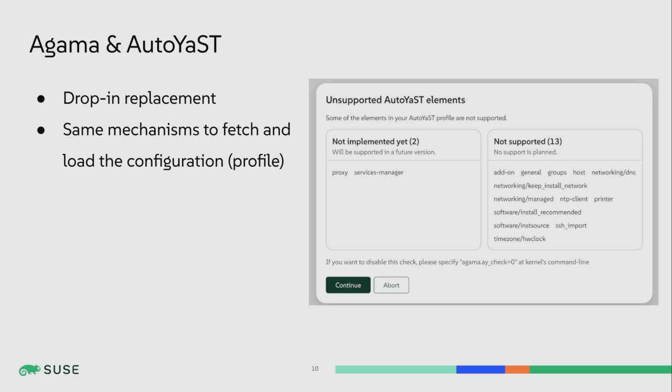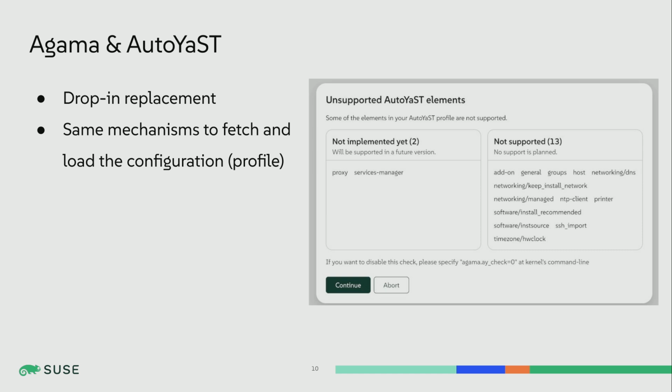It will get the JSON file from whatever URL you have told, and it's also able to understand AutoYaST-like URLs. I mean, not only HTTP, HTTPS, etc., but also label and device, those creative URLs from the YaST and AutoYaST world that are pretty useful for us. So it follows exactly the same mechanism.